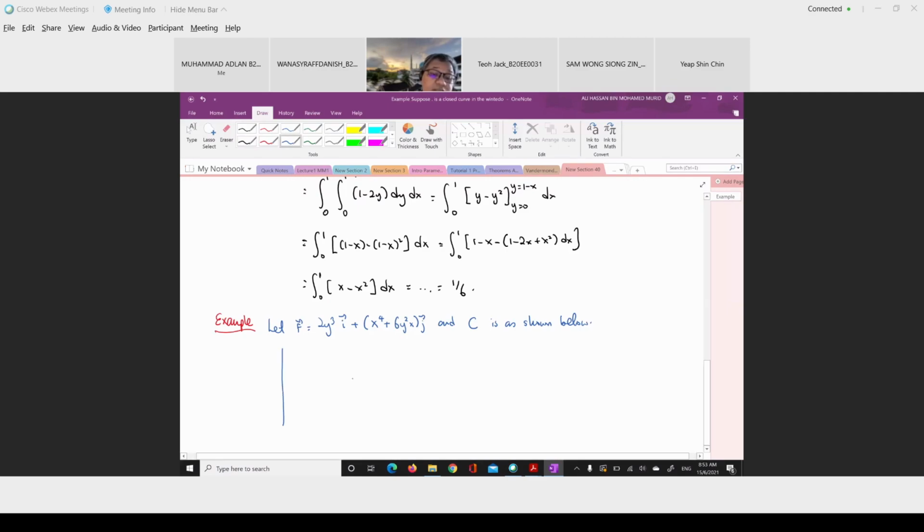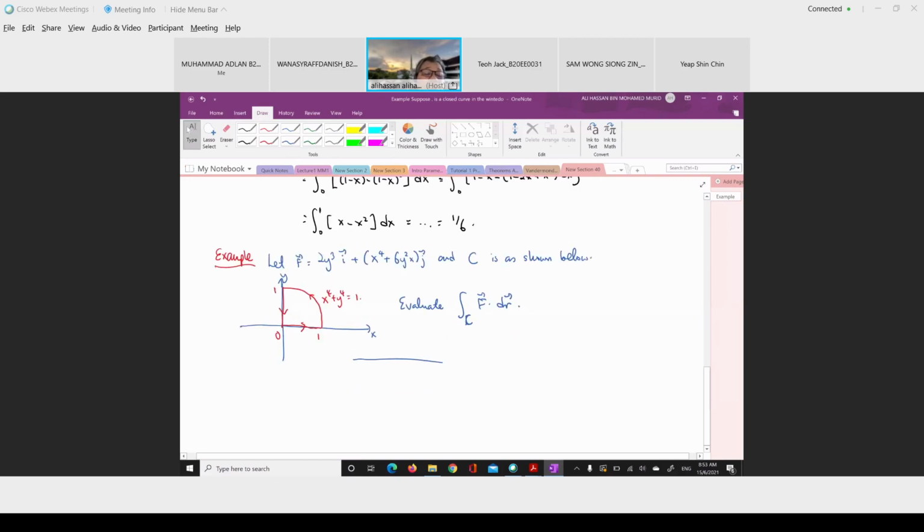This is the y-axis, the x-axis. We have a closed curve like this. This is (0, 1), (1, 1). And the curve here is x to the power of 4 plus y to the power of 4 equal to 1. So we want to evaluate this line integral of F dot dr.